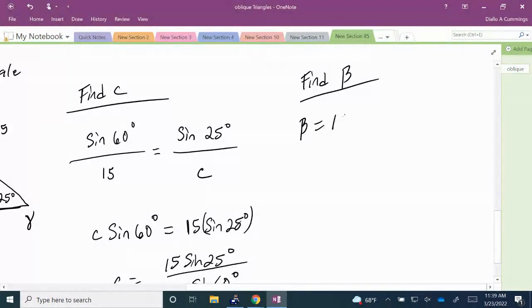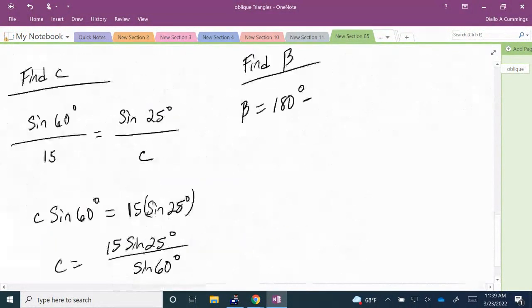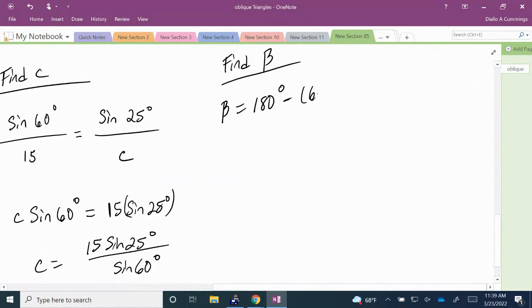So angle beta equals 180 degrees minus the 60-degree angle plus the 25-degree angle. Notice that this is the sum rule. It states that all three angle measures must equal 180 degrees.